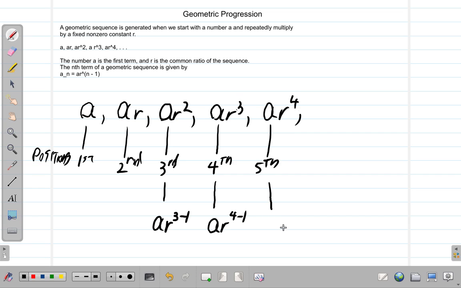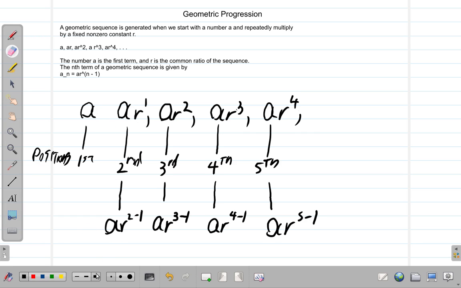In position number 5, I have AR to the fourth, but instead of having AR to the fourth, I want to show the 5 to show the fifth position. So I erase the fourth and call it 5 minus 1. For the second term, this would be AR to the 2 minus 1, because AR means the same as AR to the 1. Now what about A?